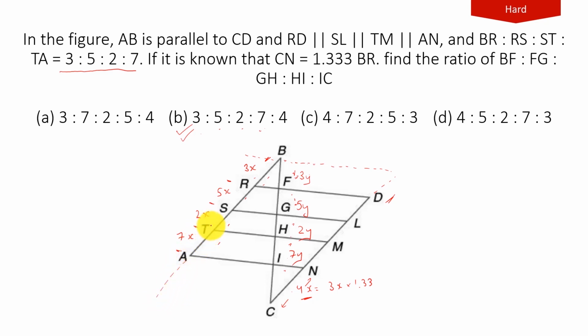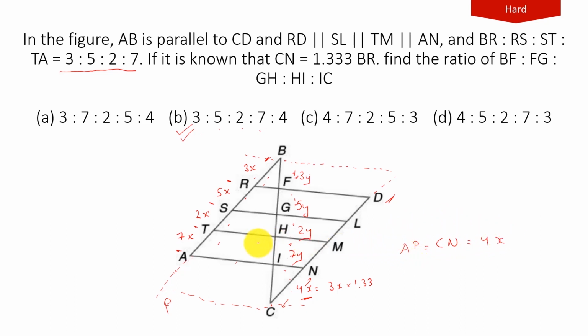If we extend that parallel line and we create a new parallel line which is parallel to AN, and let's name this point as P. Now, since AN is parallel to PC and AP is parallel to CN, this is basically a parallelogram, and in a parallelogram the opposite sides are equal. So AP is equal to CN, and we know that CN is equal to 4x.